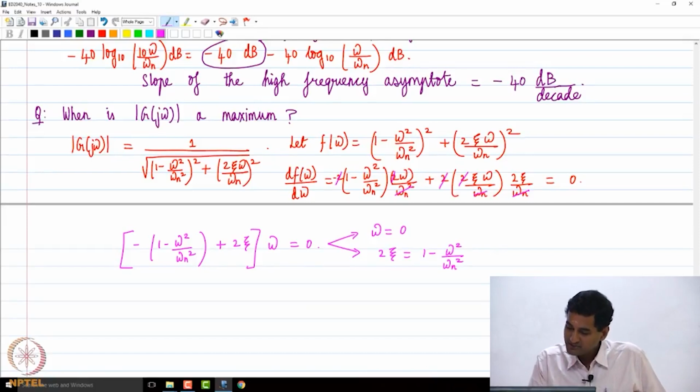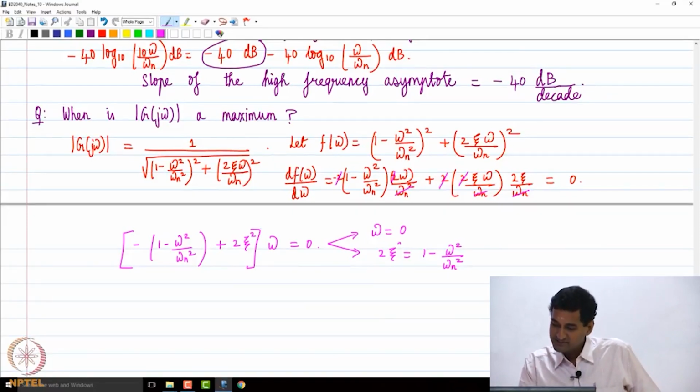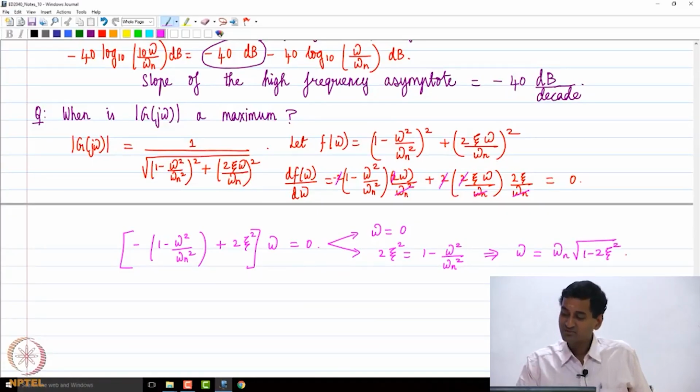Sorry, this should be 2ζ squared. I think I missed a ζ here. So 2ζ squared. This will tell me that ω can also be ωn times the square root of 1 minus 2ζ squared. I am just rearranging the terms and doing some simple algebra.